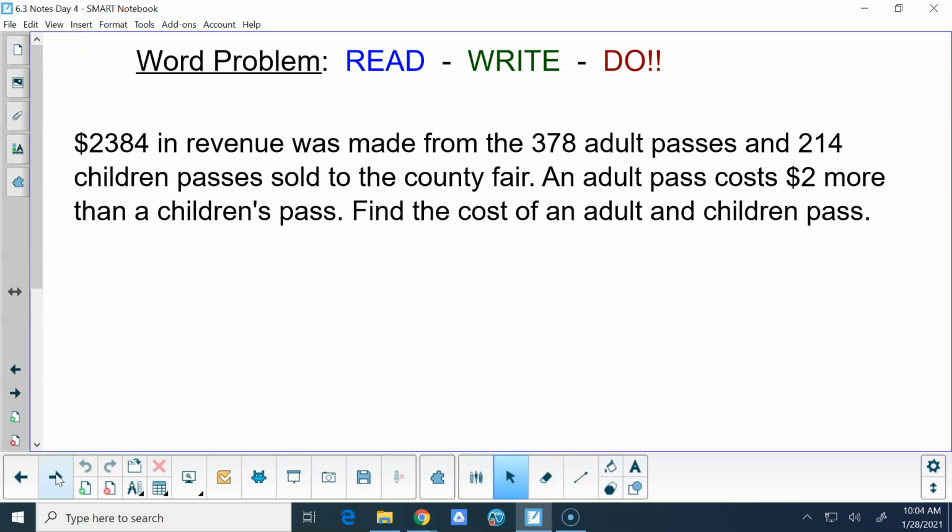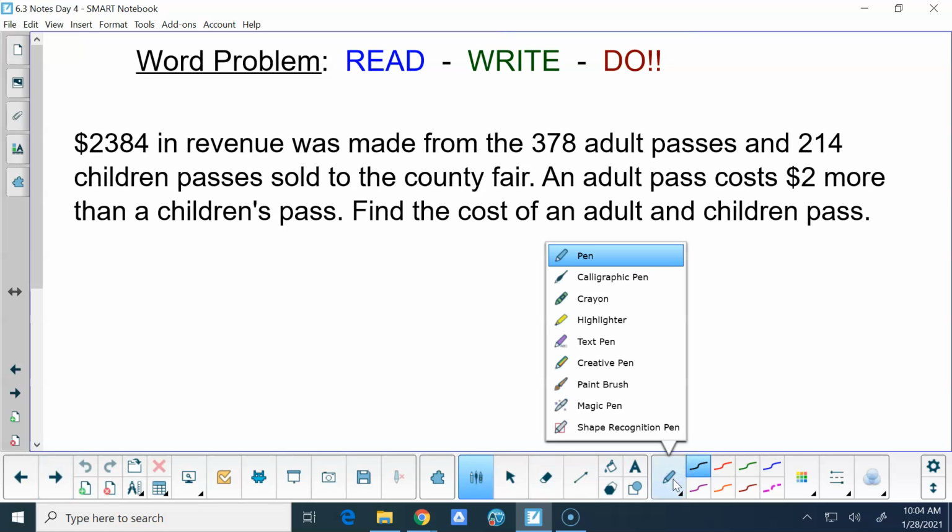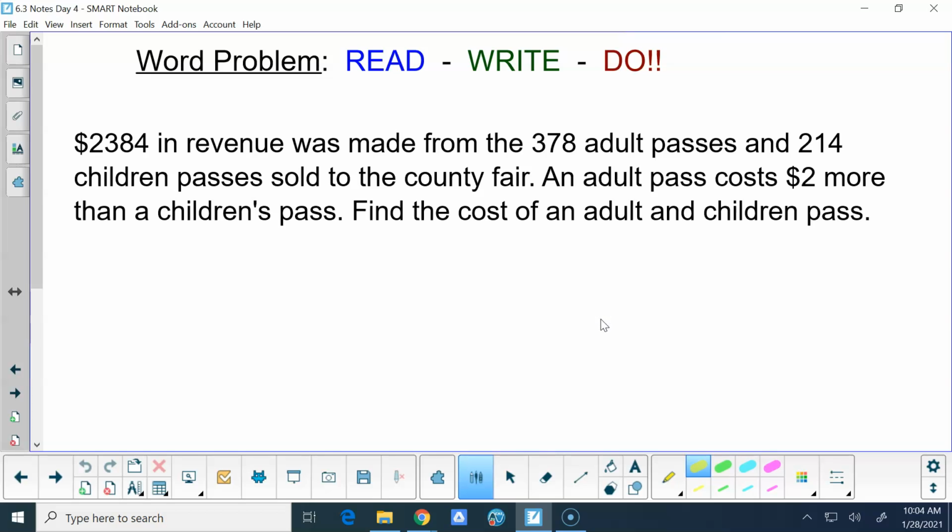So then let's go back and reread the problem. Usually in a word problem, each sentence is going to be an equation.